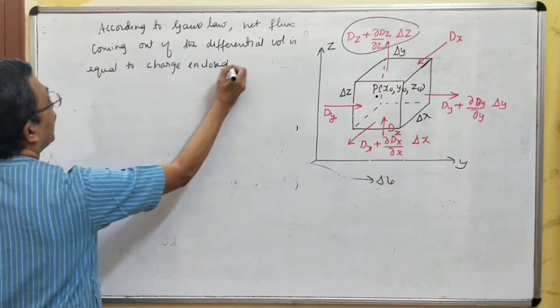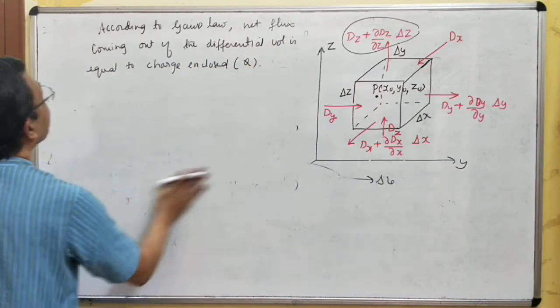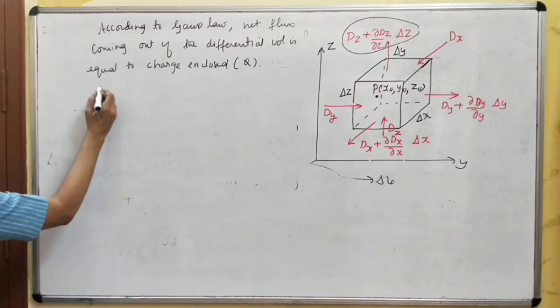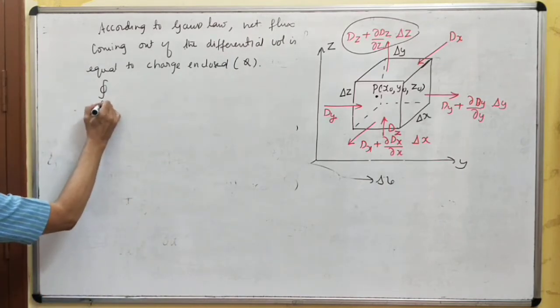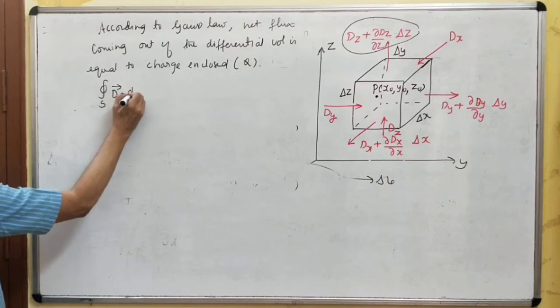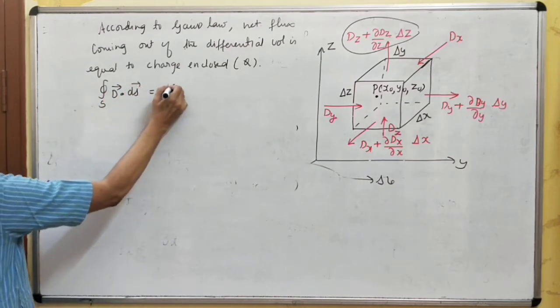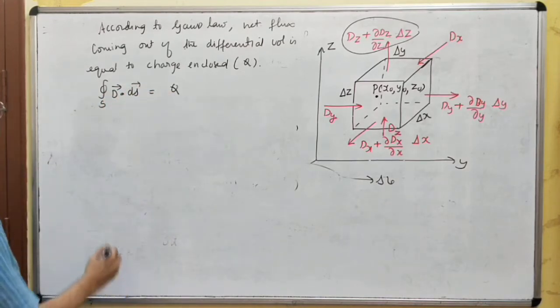Charge enclosed is taken as Q. That is, closed surface integral vector D dot dS is net flux coming out equals Q, charge enclosed.